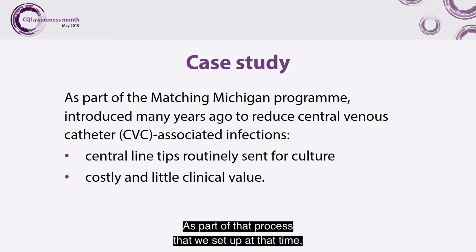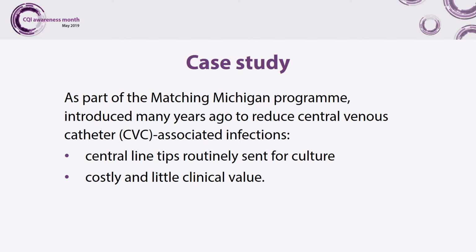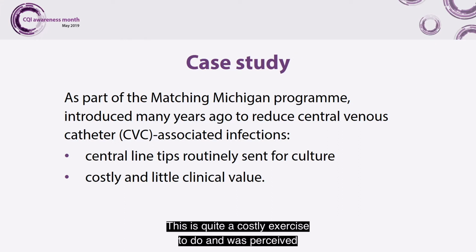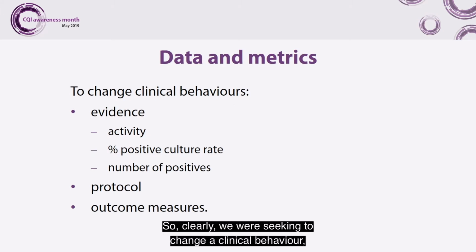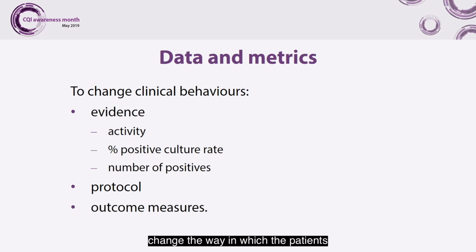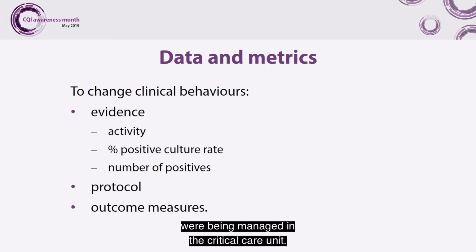As part of that process that we set up at that time, central line tips on removal were routinely sent for culture to the microbiology lab in large numbers. This is quite a costly exercise to do and was perceived as being of little clinical value. So clearly we were seeking to change a clinical behaviour, change the way in which the patients were being managed in the critical care unit. For this we needed evidence.